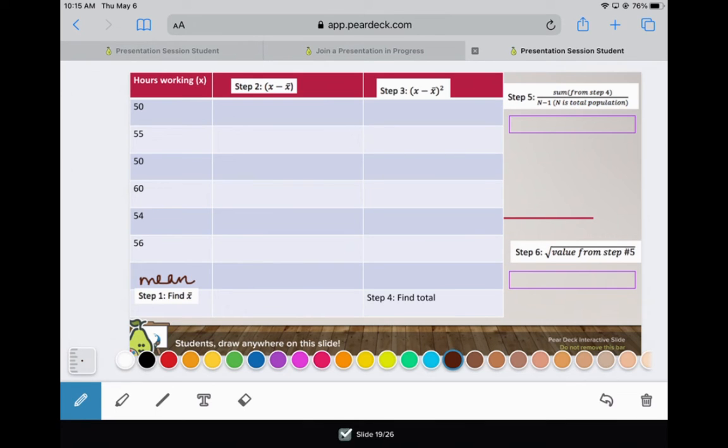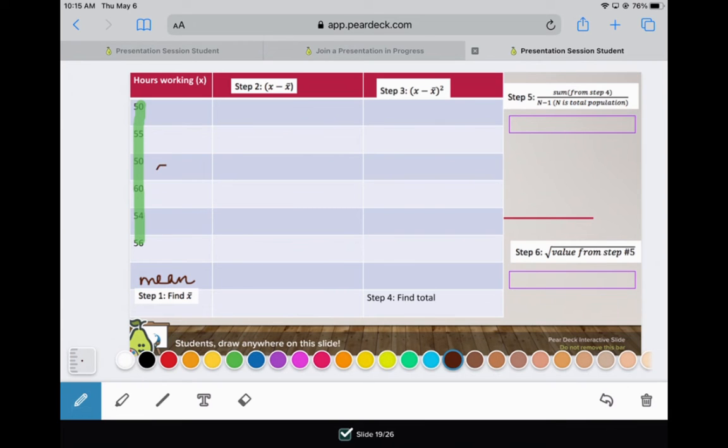Okay. How do you find the mean? Look in here. I have these numbers. I'm going to add them up: 50 plus 55 plus 50 again plus 60 plus 54 plus 56.